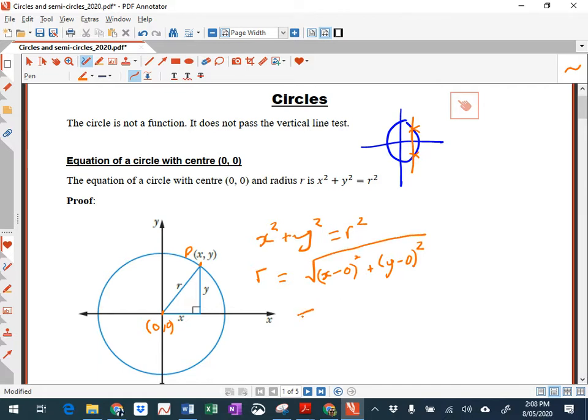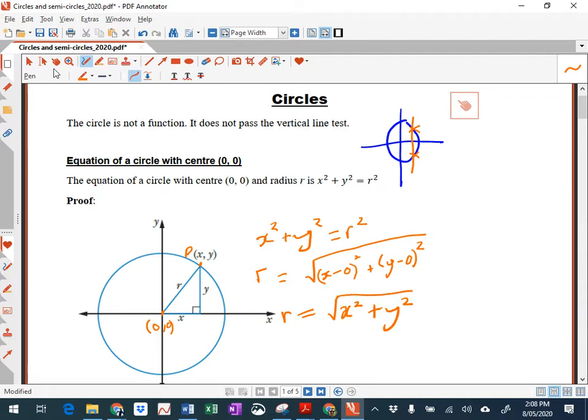And that will just simplify to, that's r there, not a square root, r. So I'll just try that again. So r equals the square root of x squared plus y squared.